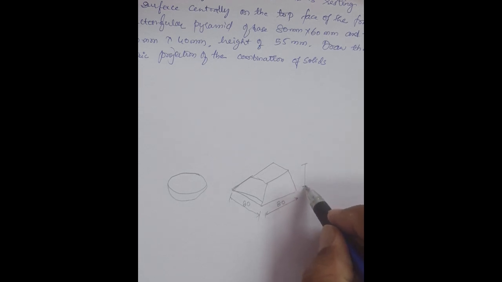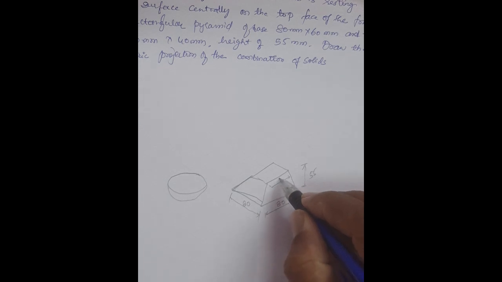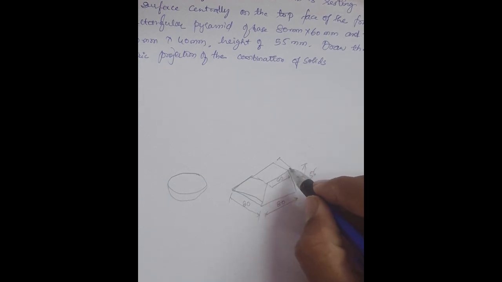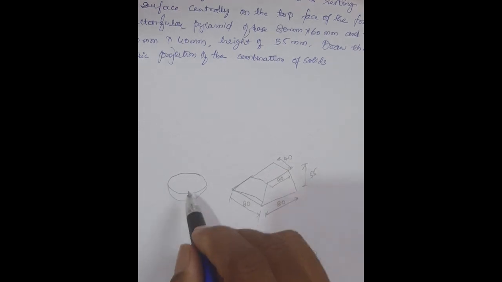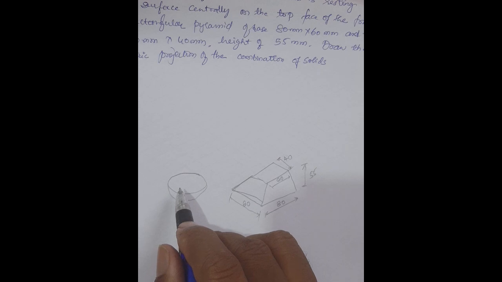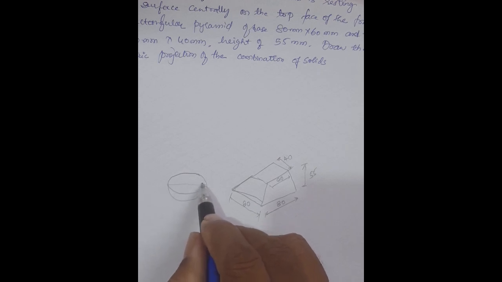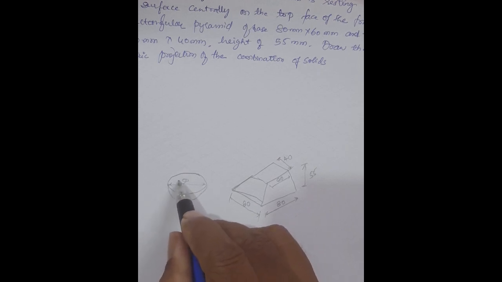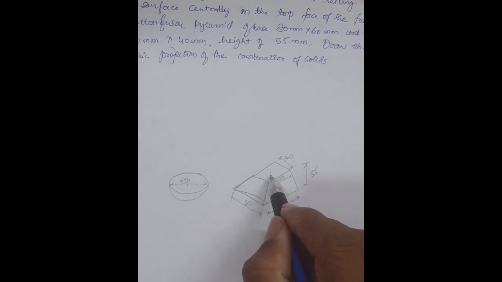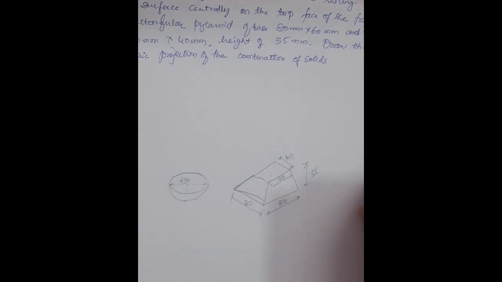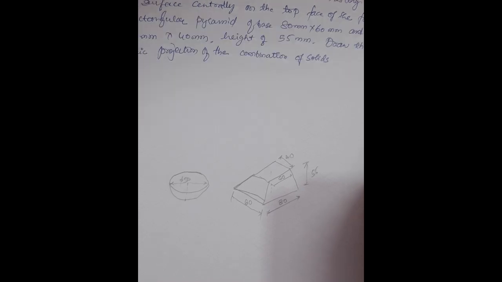The height of this rectangular pyramid is 55 mm and the top face is, on this side 60, on this right side 40. Over this, a hemisphere of diameter 50 mm is going to be placed axially on this frustum of a rectangular pyramid. Now let us see the solution.